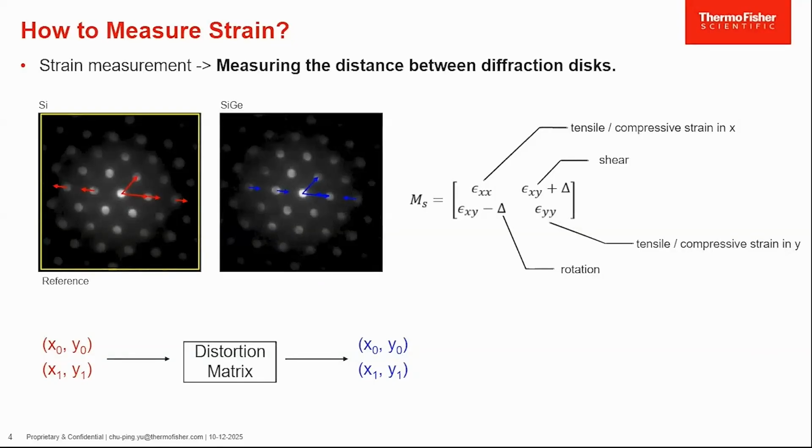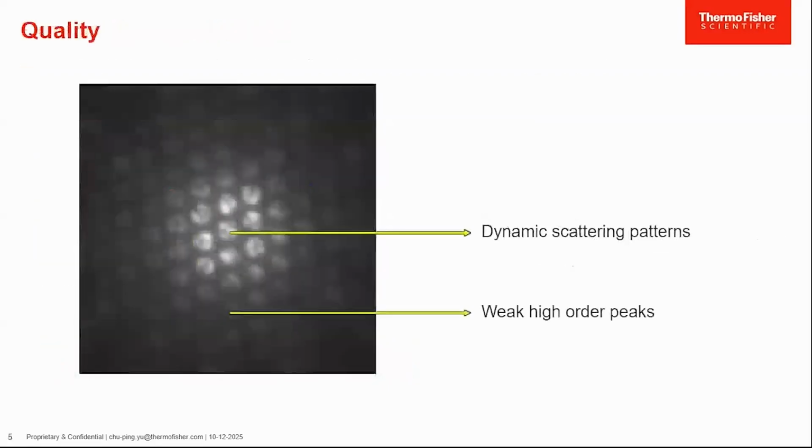So that sounds easy, but there are also difficult parts that cannot be avoided by simply having good optics or a good detector. These are dynamic scattering patterns that come from having a thicker sample. So you'll see these nasty contrasts inside of your diffraction disk. These are going to hinder a good estimation of where the center of this diffraction disk is.